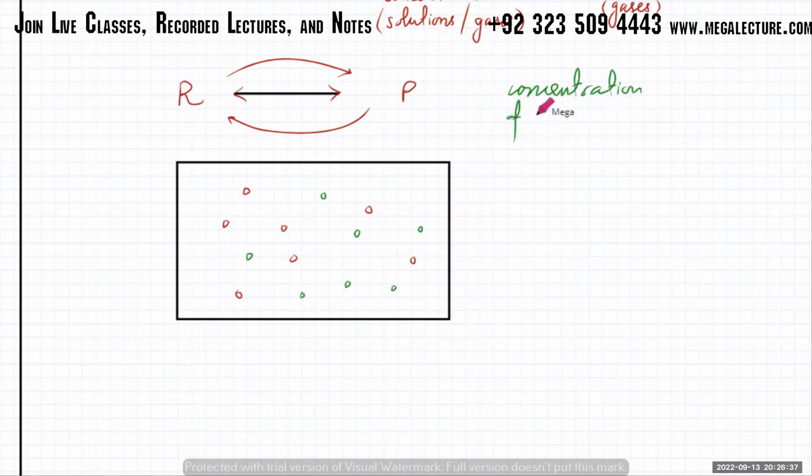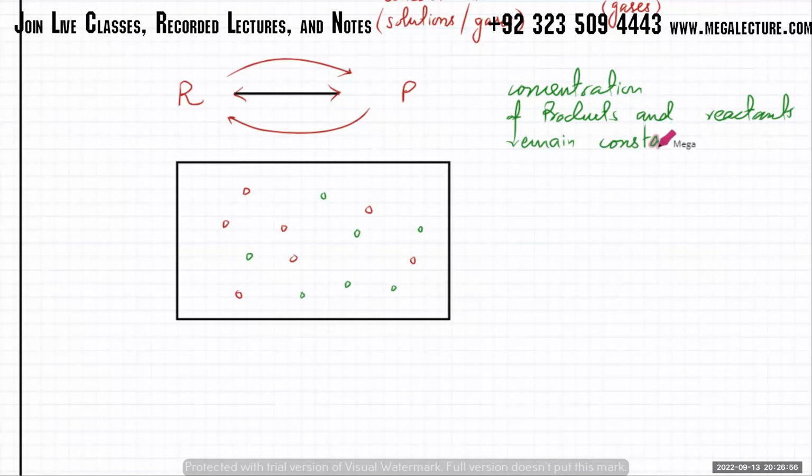So concentration of products and reactants, they remain constant. Now, Kc is the ratio. It's the ratio of the concentration of the products divided by the concentration of the reactants.